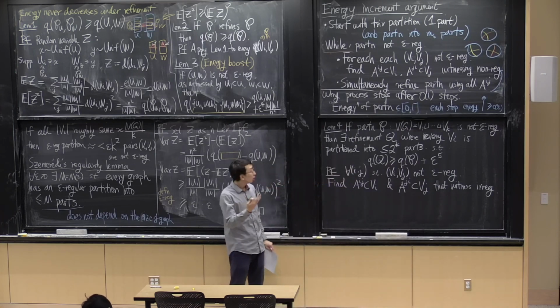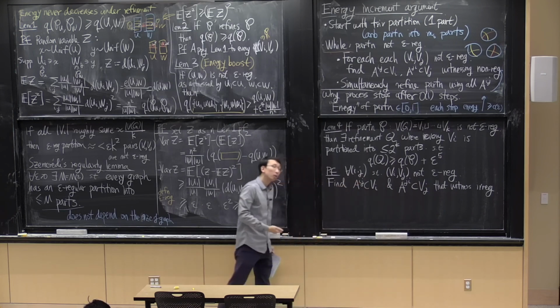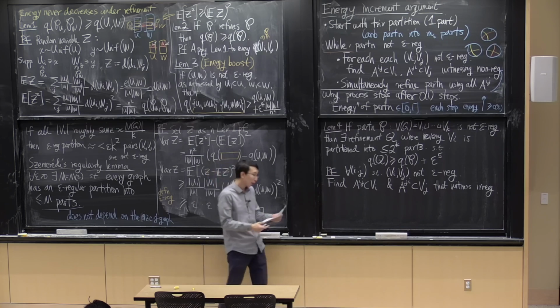So do this simultaneously for all pairs i, j where Vi, Vj is not epsilon regular.